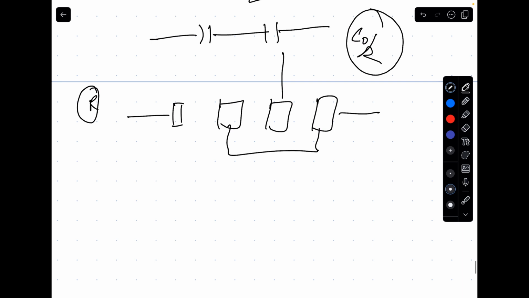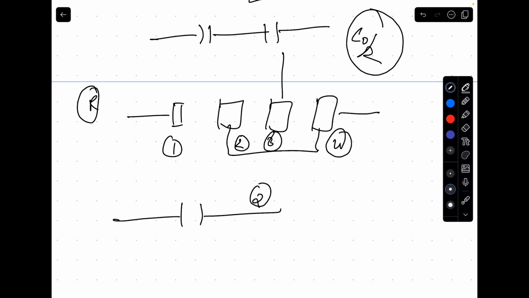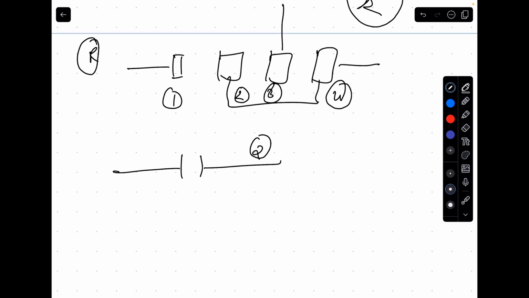So look, this is 1, 2, 3, 4. So 1 and 2, okay, this is 2. Then 2 and 3 are forming a capacitor. This is our 3. Then this is the third plate, and this is the fourth plate. The fourth plate is connected to 2. Okay, like this. This is our combination.